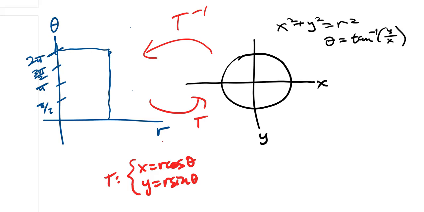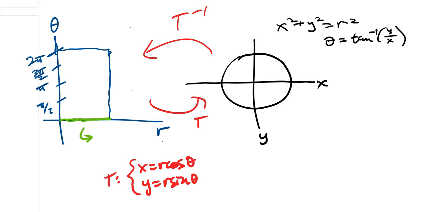So let's see a little bit how this works. You probably were never shown this before, so it's kind of nice to see it. If, for example, you have theta equals 0, you are right here. R can range however it wants.